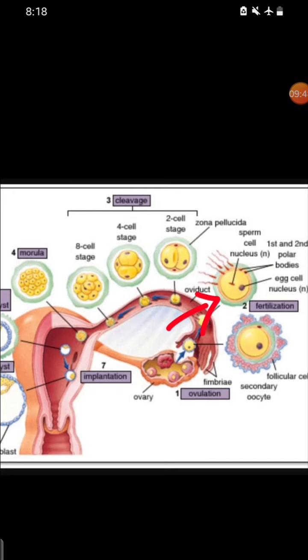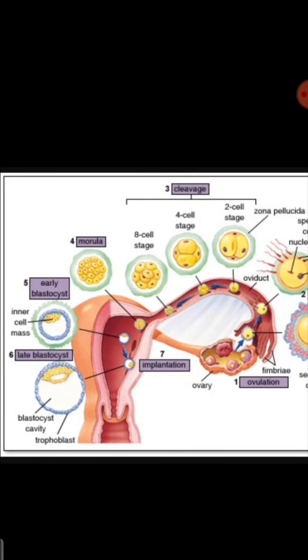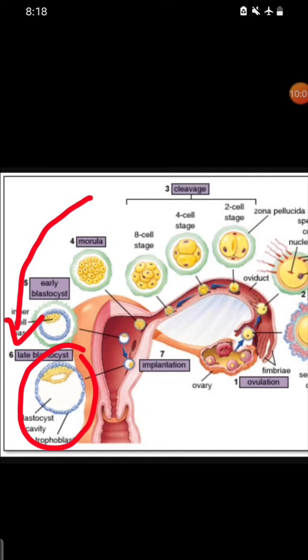After fertilization is completed, the 2-cell stage is formed, the 4-cell stage, and the 8-cell stage. Then the 8 to 16 stage we call a morula, and then the blastocyst is formed, and the late blastocyst will form.